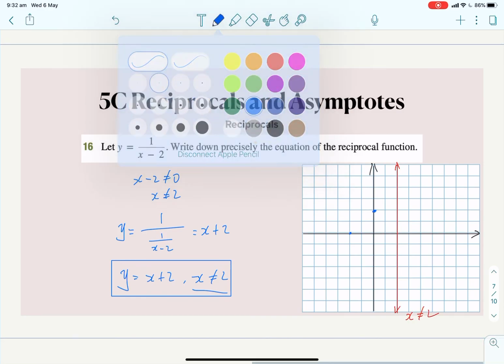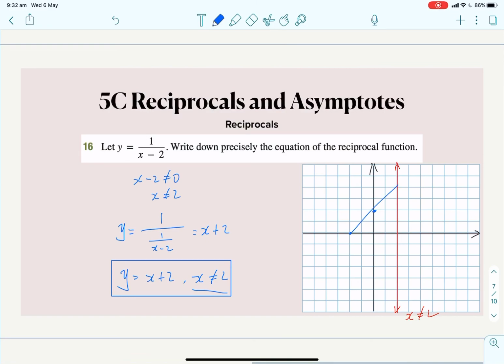If you draw the graph, you go to the line here, and it will be an empty circle. And then you expand out from there. So that would be y equals x plus 2 and x not equal to 2.